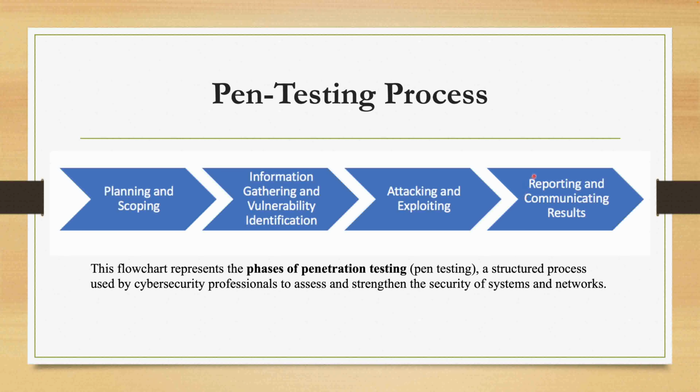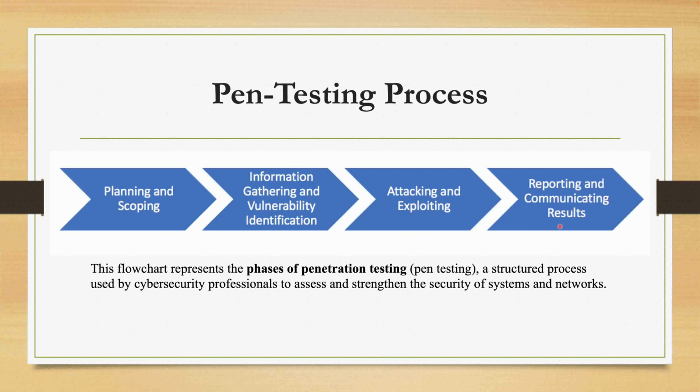Now, finally, we have the reporting and the communication of results. The objective is you document findings, risks, and recommendations in a format understandable by technical and non-technical stakeholders, because your report will be given to the management as well. So what are the key activities?